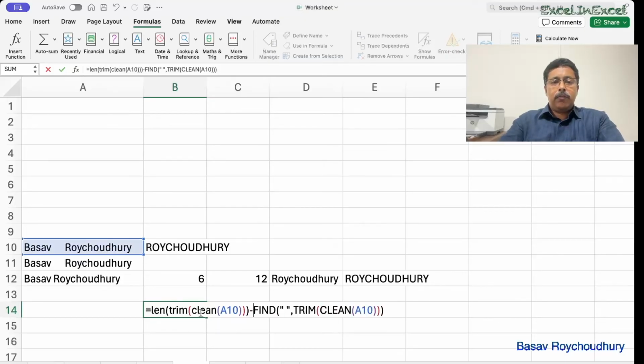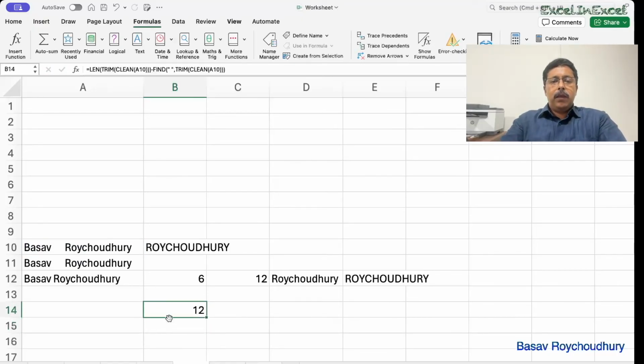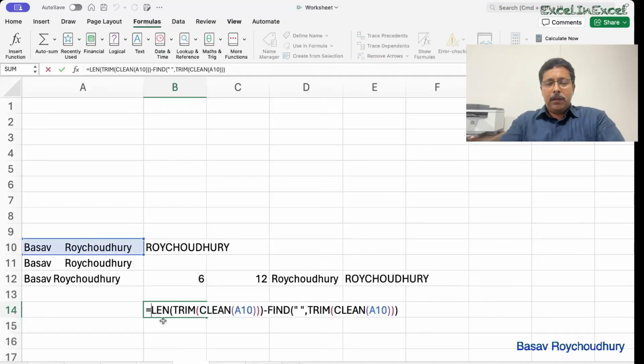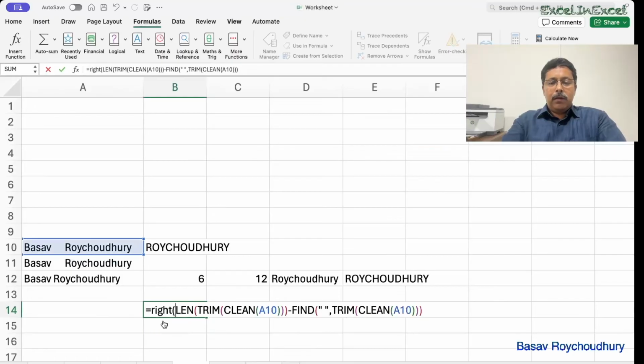So length of my name minus the number of characters up to the space gives me 12. Now this is the number of characters I'll take from the right. So right of what? Again clean, sorry, right, we had used trim, clean of my name as written originally.